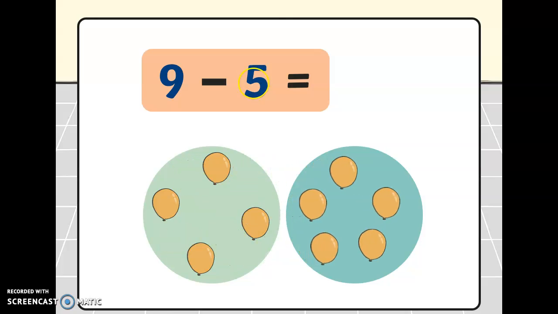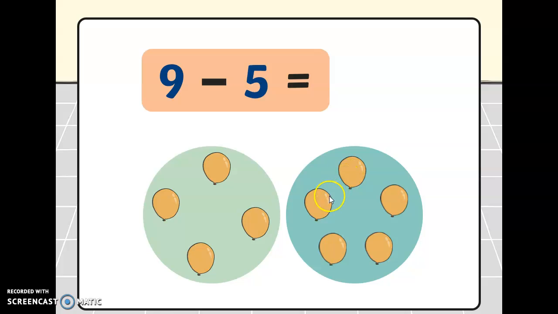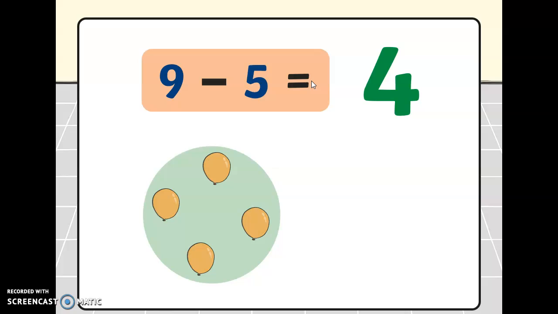So I've taken 5 balloons away. 1, 2, 3, 4, 5. How many fingers and how many balloons are left? Well done, boys and girls. There are 1, 2, 3, 4 balloons, and you should have 4 fingers up. So 9 take away 5 equals 4.